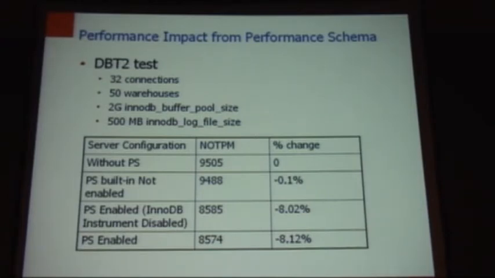If all are turned off, not enabled, we barely see any impact. But as we speak now, we're certainly going to improve that. And certainly this number is going to drop in the next release, as a lot of places can be optimized.